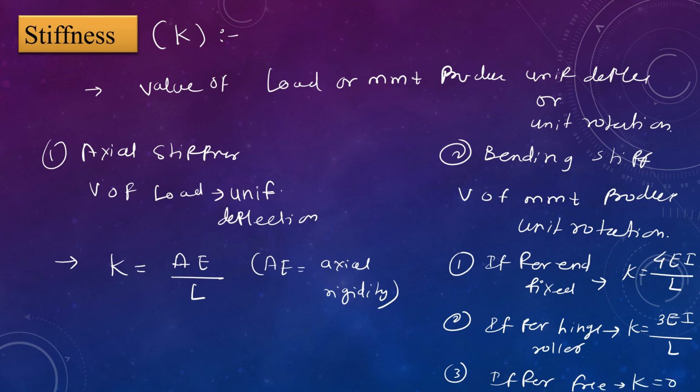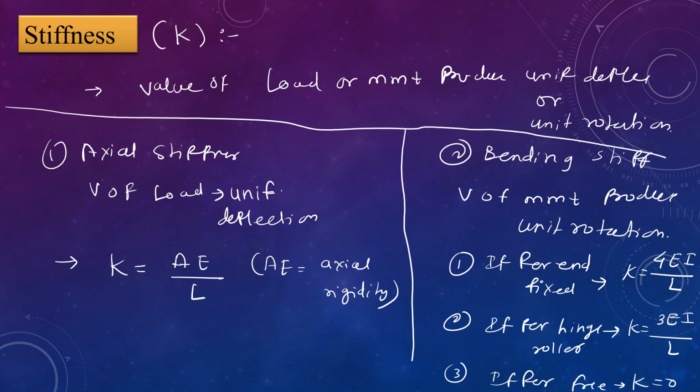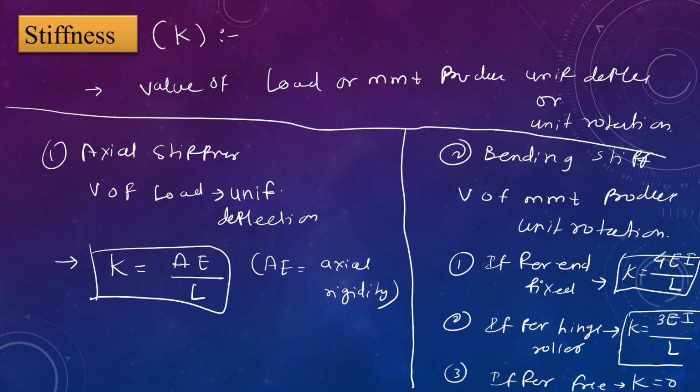These are the three values of stiffness for different end conditions. These are the important formulas, so write them down. Here EI is the flexural stiffness, or you can say bending stiffness.